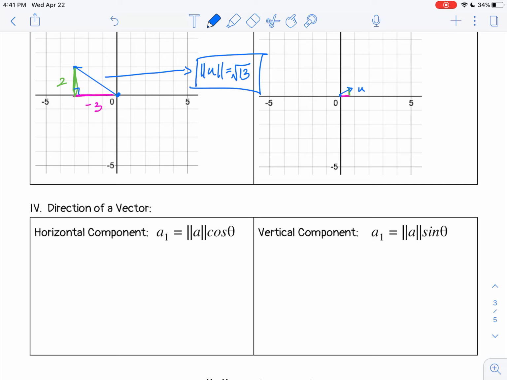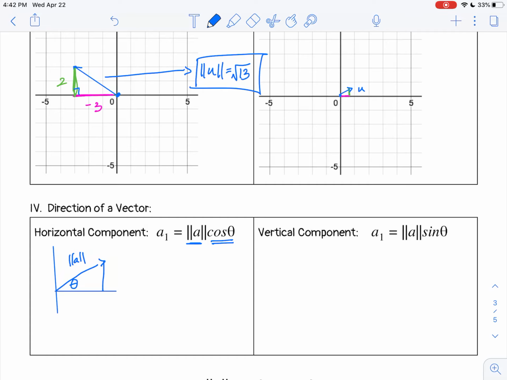So it turns out that the horizontal component of the vector you can find from the magnitude times cosine. So let's take a look at where that comes from. If I draw an XY grid and I draw a vector, the magnitude of the vector is A inside the double bars.